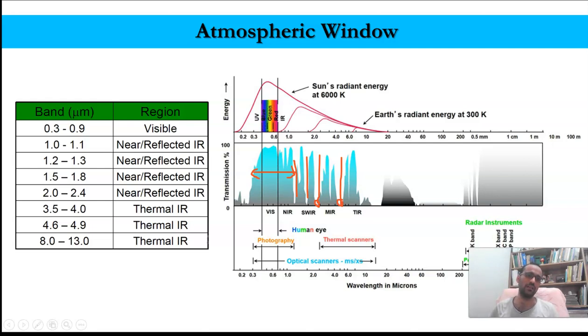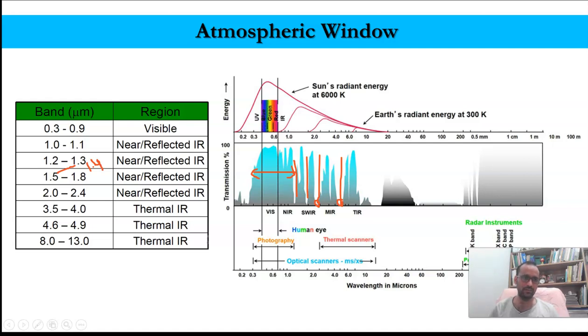So you can see in the table how much region can reflect directly: from 0.3 to 0.9, this is the visual range, can reflect from 1.0 to 1.1 near or reflected IR. Then you can see 1.3 to 1.4. Okay, there is a gap, 1.4 is missing, it means it is not reflecting.